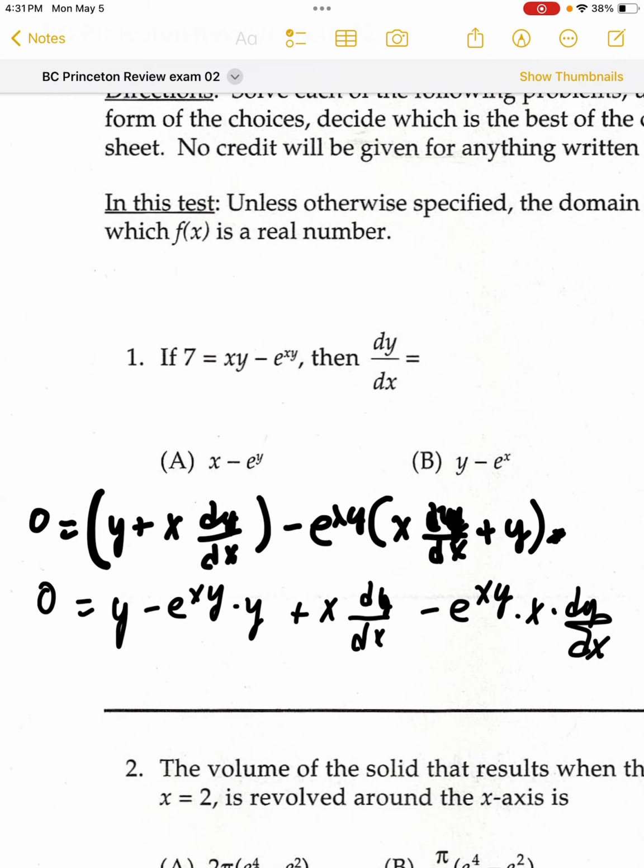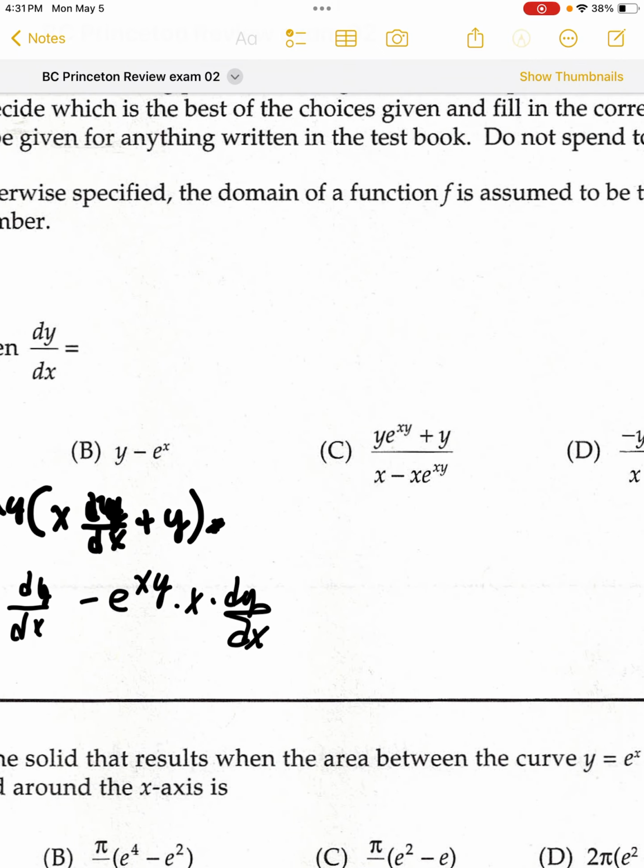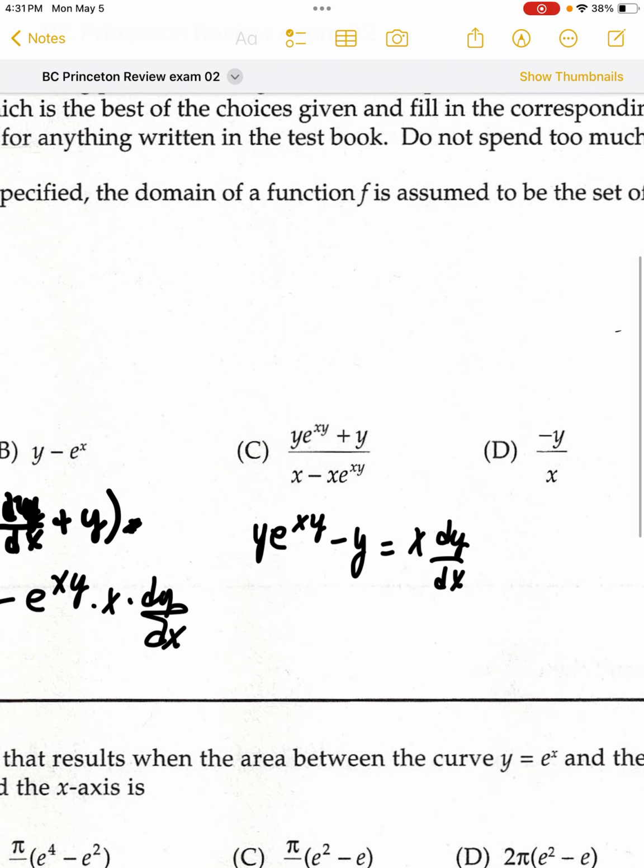So we're going to subtract off the non-dy/dx terms, and then we get y e to the xy minus y equals x dy/dx minus x dy/dx e to the xy.